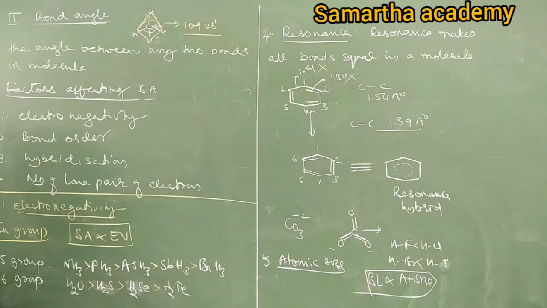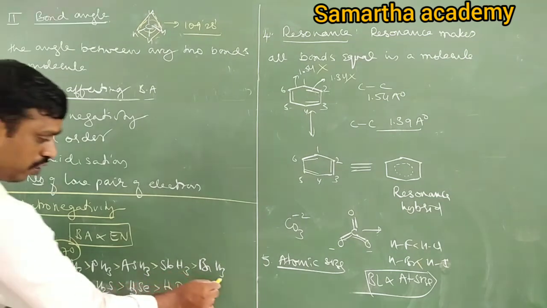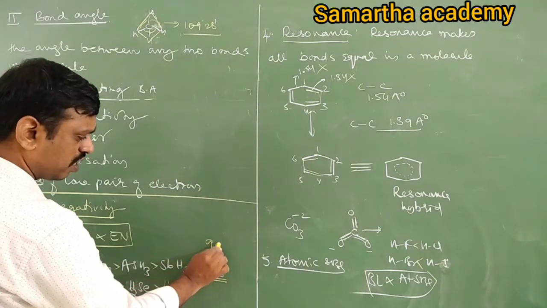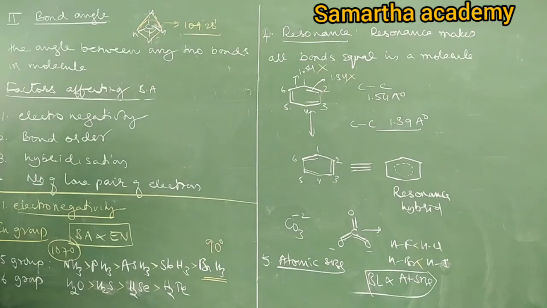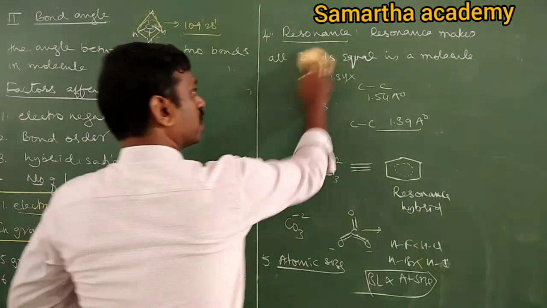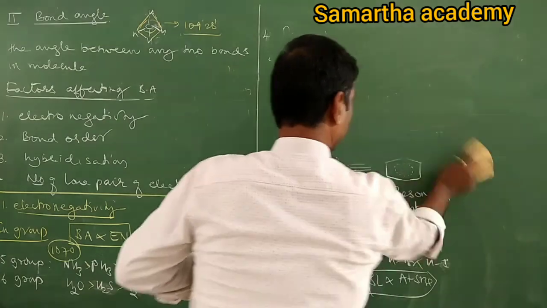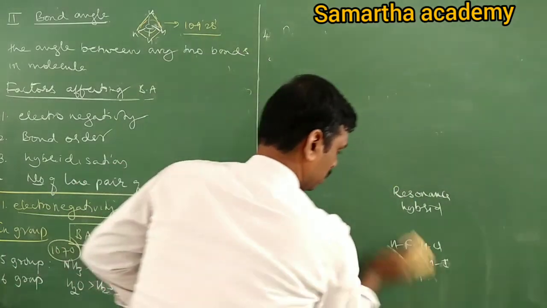Then what is the reason for the decrease in bond angle? If you take ammonia, the bond angle is 107 degrees, right? Then the bond angle of bismuthine is approximately 90 degrees. So it gradually decreases from 107 to 90. Why?